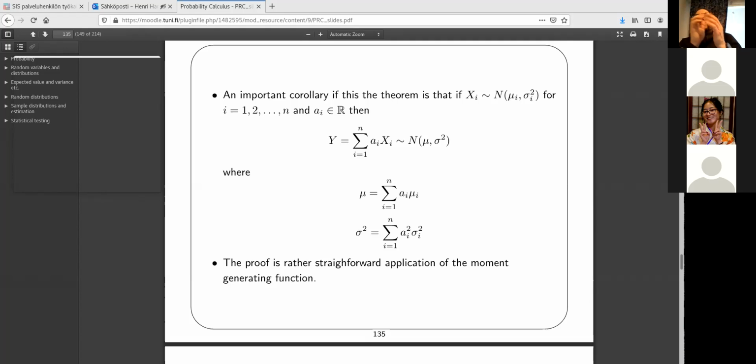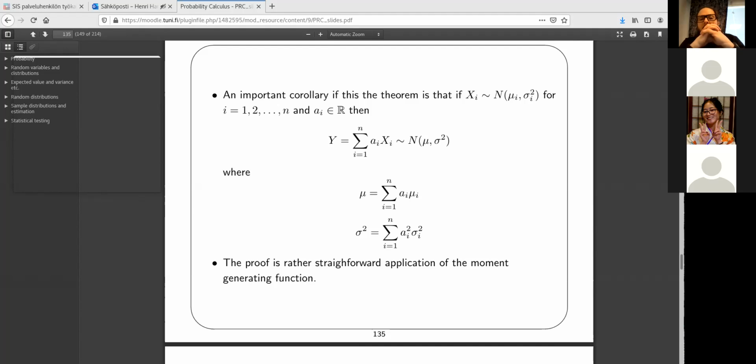A really important corollary to this is that if we have n normally distributed variables, each having their own expected values and variances, and they're independent, meaning that there are no covariances, then a variable y that is a linear combination of these is still a normally distributed variable.